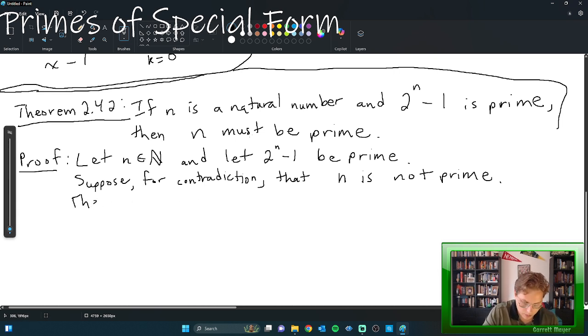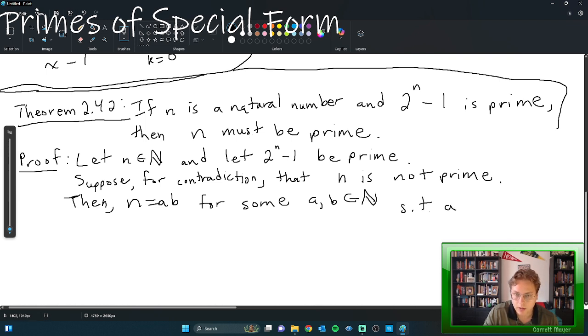Then n equals ab for some a, b in the naturals such that a, b is greater than 1.